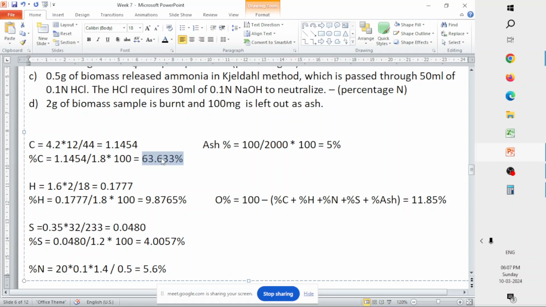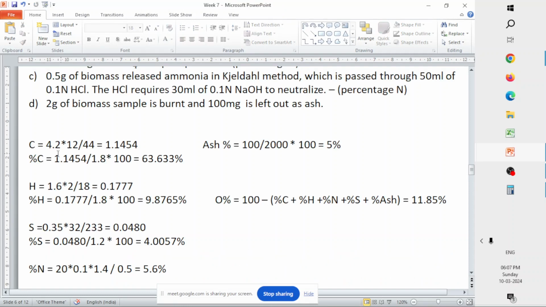So 63% is a fine percentage. If you have a sample which has a higher percentage of carbon, then you have to choose that sample, or if you have something that is lower than this, then you can choose this one.